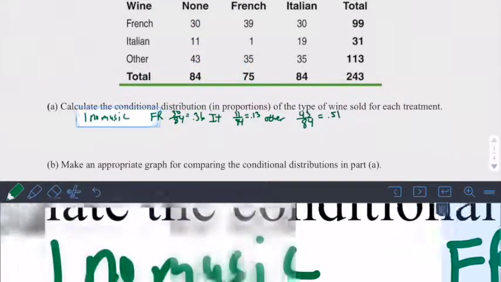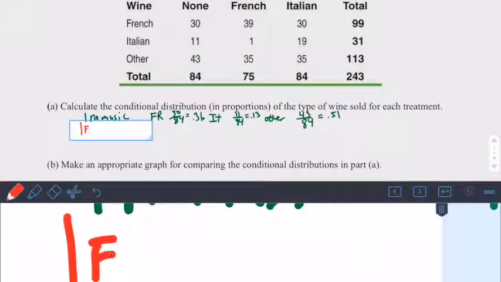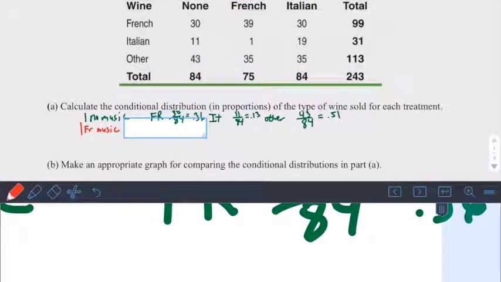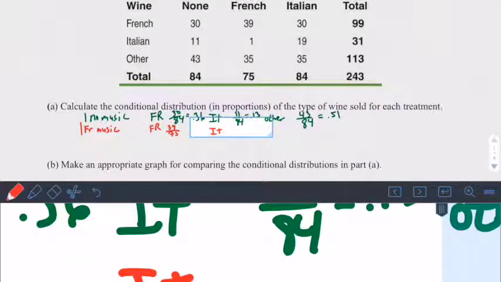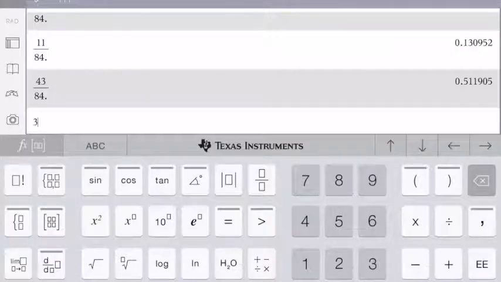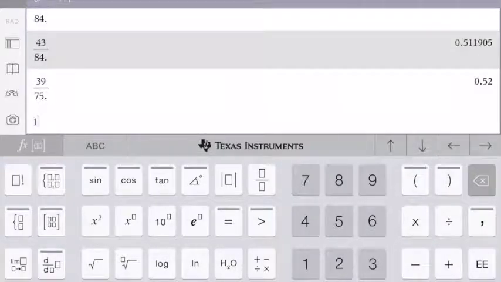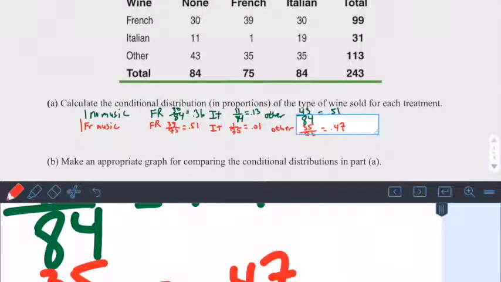So now we're going to calculate the conditional distribution given French music. So let's look already.